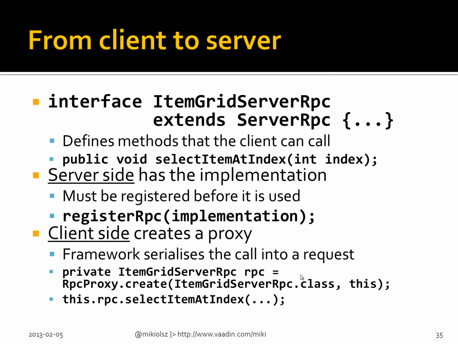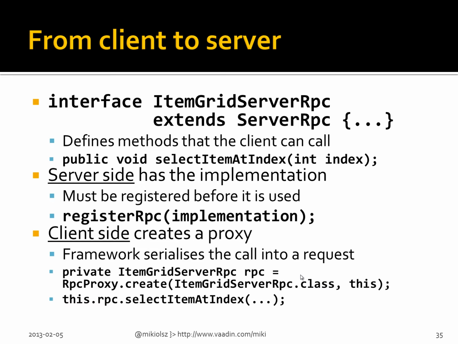The server side has the implementation. On the server side, in the component, we implement that particular interface and register it before we can use it, typically in the constructor. Then the client side needs to get a proxy, which will be created by the framework, and the proxy will serialize the method call to a request to the server, and then the server can of course respond to that.